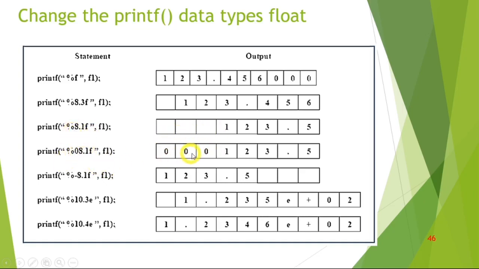Now %08, so it will put some zeros before the number and give you the output, and after minus it is actually in left align for minus. So minus is given for 4.5 instead of, it is rounded by 5, each is rounded actually. Okay, now next one is %10.3e, so here it is shown the output 1.235e+, then now %10.4e, then what will happen, this place is come here, then 4 exponent will show, then 02. This actually appears in a calculator actually.